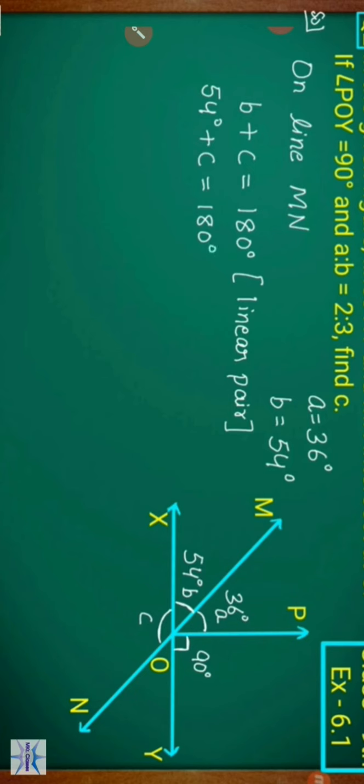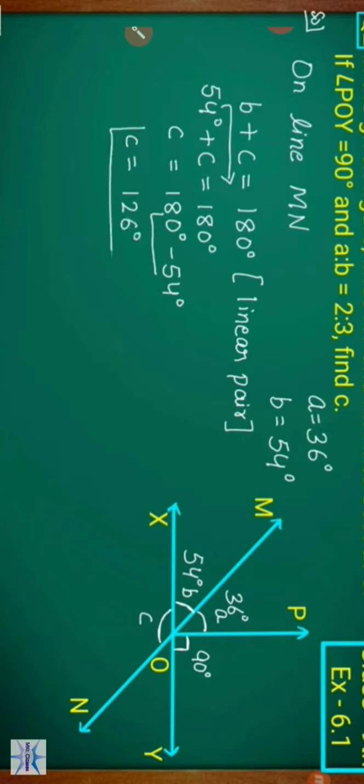Angle C is equal to 180 minus 54, which is 126 degree. So angle C is equal to 126 degree.